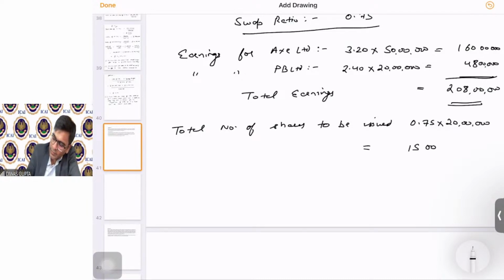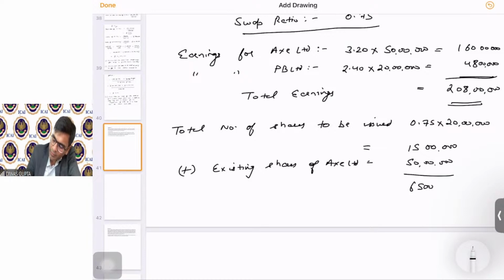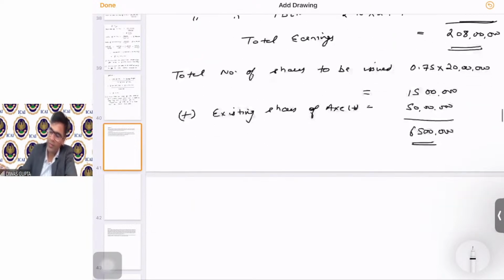Which is 15 lakhs. 20 lakhs was the existing share, on that 0.75, 15 lakh, plus existing shares of X Limited, right? Were how much? 50 lakhs. So in totality, after the merger, 65 lakh will be the new number of shares.